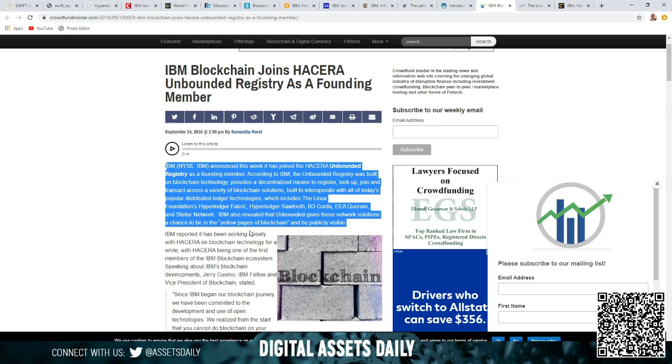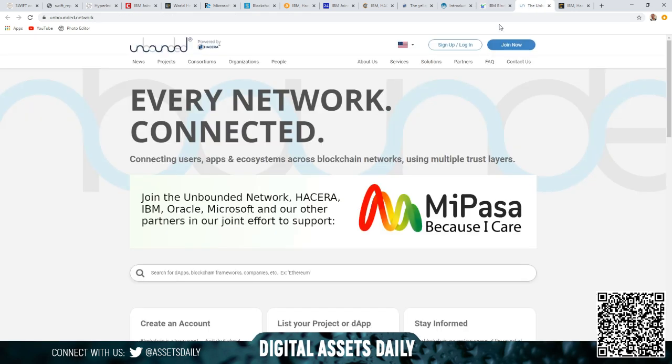IBM also revealed that Unbounded gives these network solutions a chance to be in the yellow pages of blockchain and be publicly visible. And again, here we have the Stellar Network. You have R3 Corda, which is XRP, and EEA Quorum, which again runs on Ethereum.